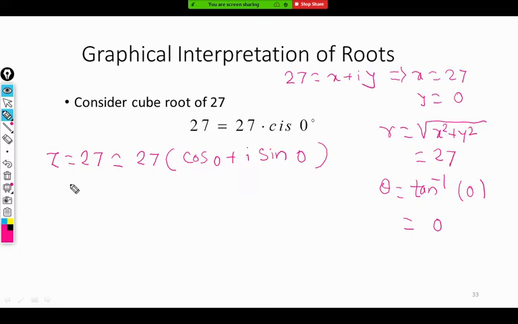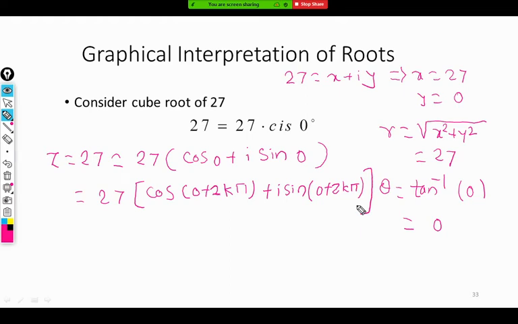Step 2. Convert theta to theta plus 2k pi. We are replacing theta by theta plus 2k pi. So this becomes cos of (0 plus 2k pi) plus i sine of (0 plus 2k pi). Obviously that 0 doesn't matter there.